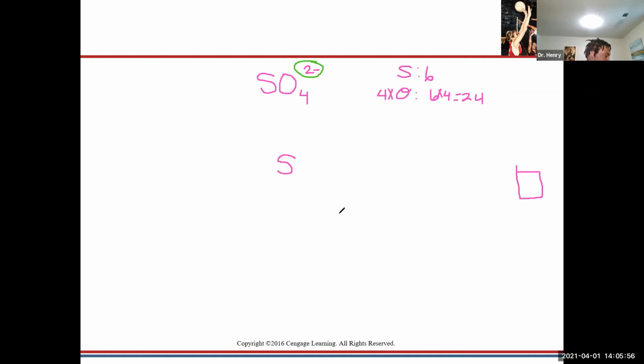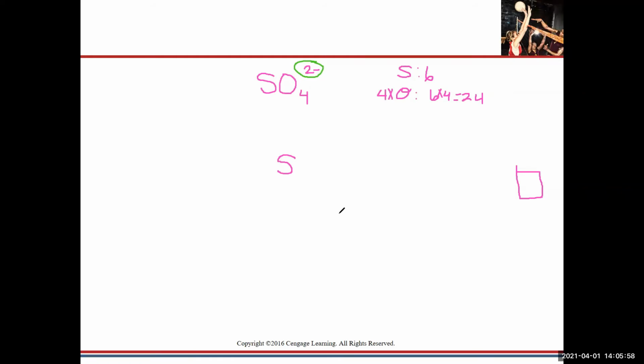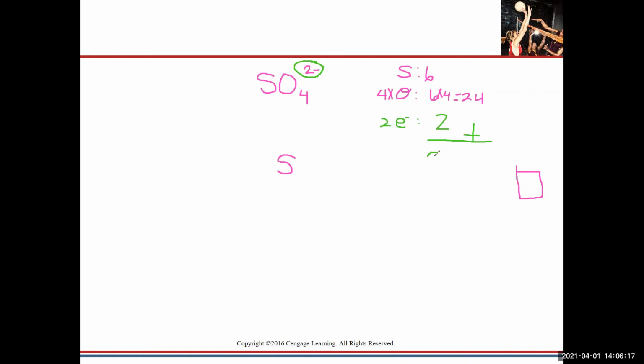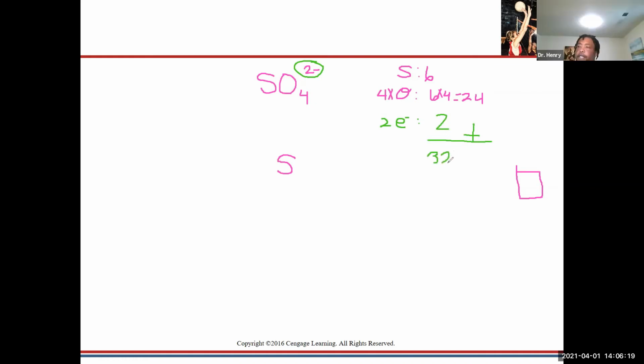An extra 2 electrons. So we're adding an extra 2 electrons here. So if we add these together, 6 plus 24 plus 2, that's 32. So we have 32 electrons to work with.